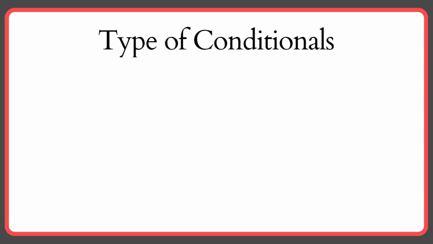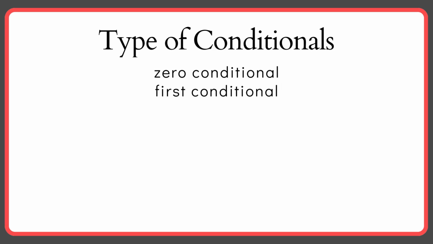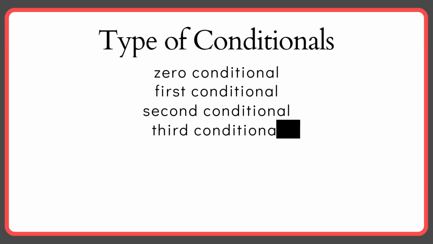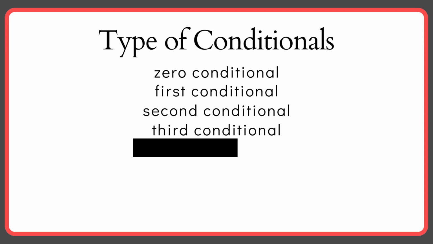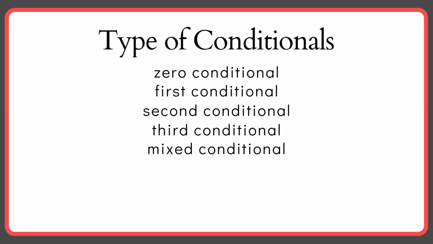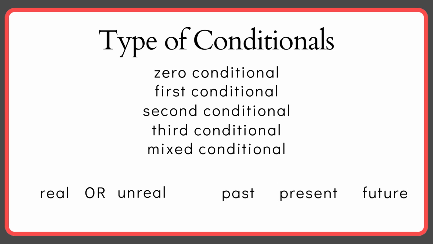There are 5 main types of conditionals: zero conditional, first conditional, second conditional, third conditional, and mixed conditional. The main difference between the types of conditionals is how real or unreal they are and when they are happening, the past, present, or future.